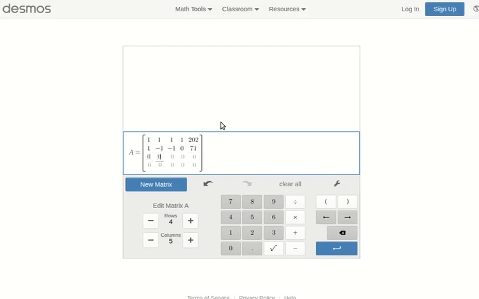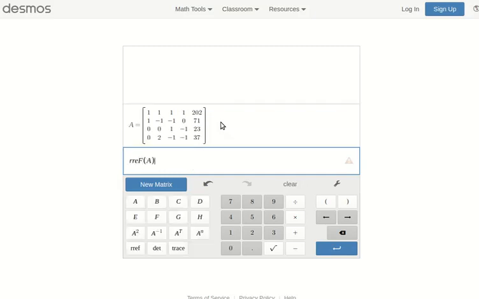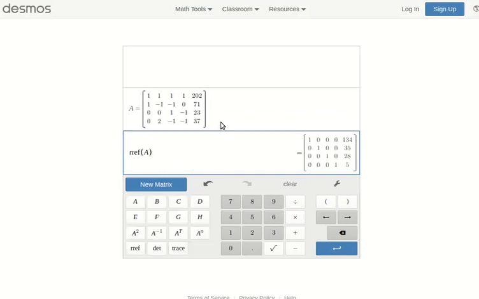We used to still do these matrices by hand. I don't think anybody wants to do that again. So we're not. RREF of A, and there's your answers. So we have 134 rooms, 35 bathrooms, 28 fireplaces, and 5 elevators.